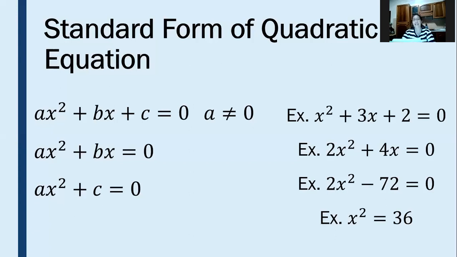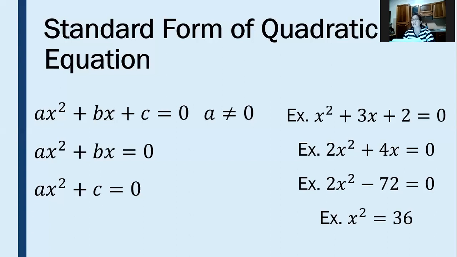Now, the last one, ax squared plus c is equal to 0. This is also a quadratic equation where b is equal to 0. Example, 2x squared minus 72 is equal to 0. We have to rewrite this in the form ax squared plus c is equal to 0.